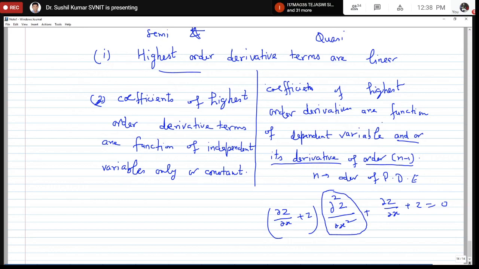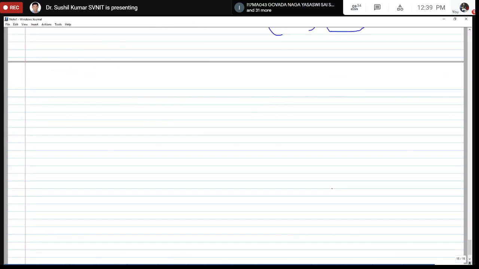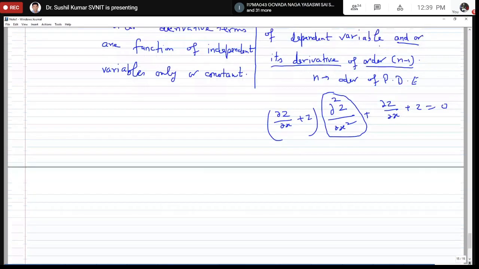Now we'll move to the second condition. The coefficient of this term is a function of the dependent variable and its derivative. But the condition is the derivative must be of order n minus 1 if the order is n. Why? Can anybody give the idea why I'm writing this restriction here?